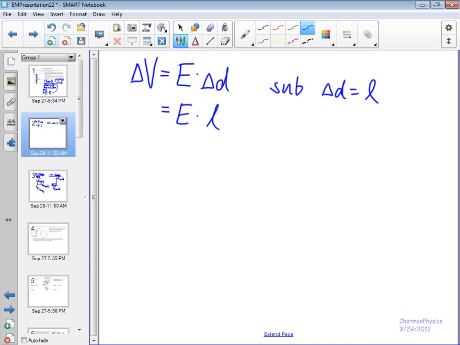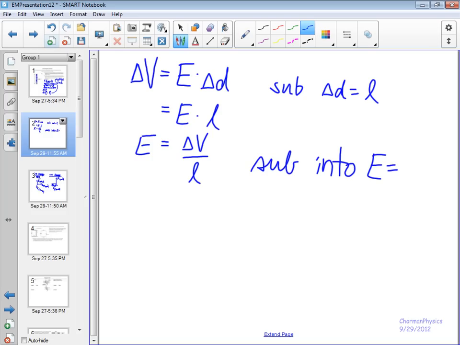If we solve for E, which is equal to delta V divided by L, we're going to substitute this equation into the previous one we had.